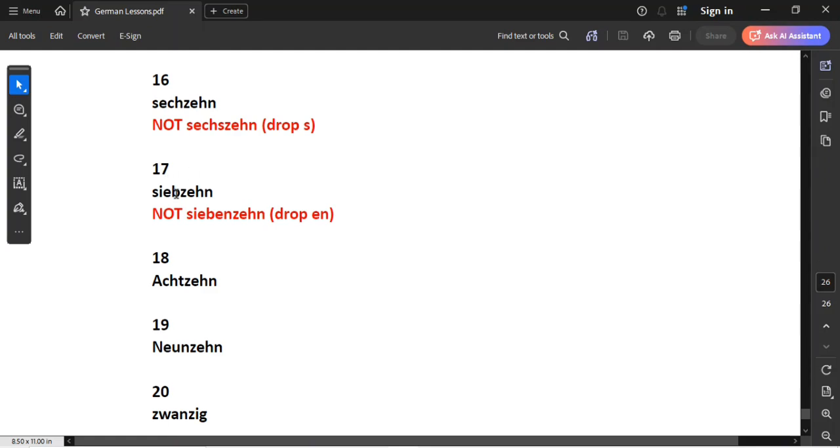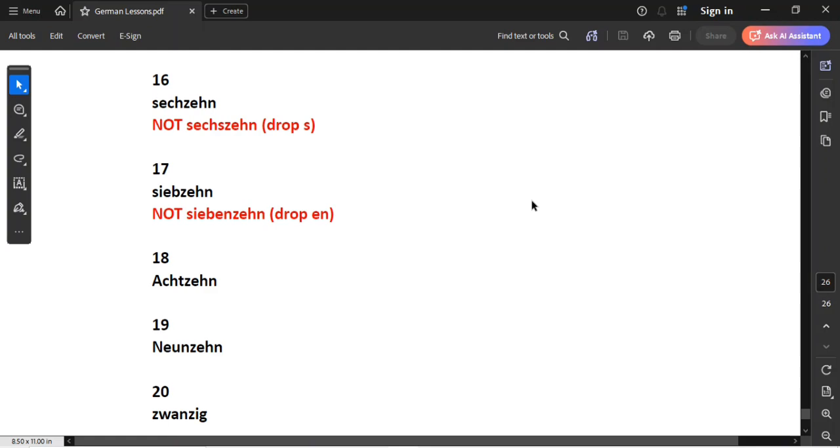Then when you come to 17, you just drop the en in 7. Remember 7 is sieben, so you just go ahead and drop en to become siebzehn. Then for 18, it will just remain the same, which is achtzehn. 19 will also remain the same, which is neunzehn. And lastly 20, it will be zwanzig.